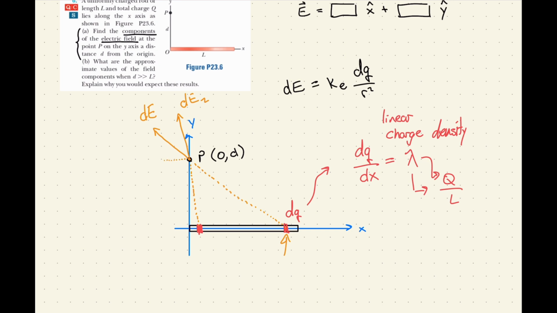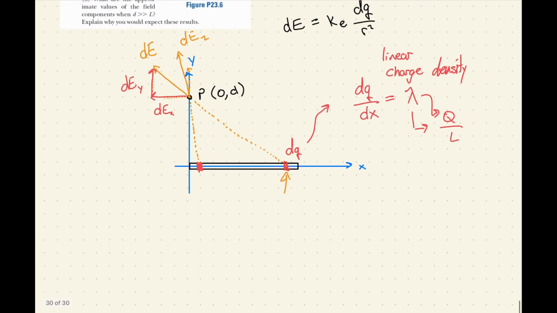So let's say I take this and I draw a small dotted line like that. That will be the x component, so dEx. And we can take the y component, which we can draw like this, or we could draw it over here. It doesn't matter, it is the same length. That here will give us the y component. All right, looks good.